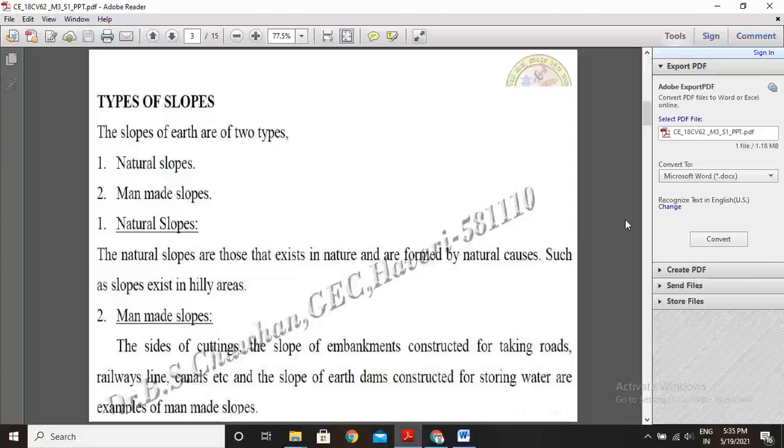Remember, this is the most important concept of man-made slopes. These are the two types of slopes explained with examples.